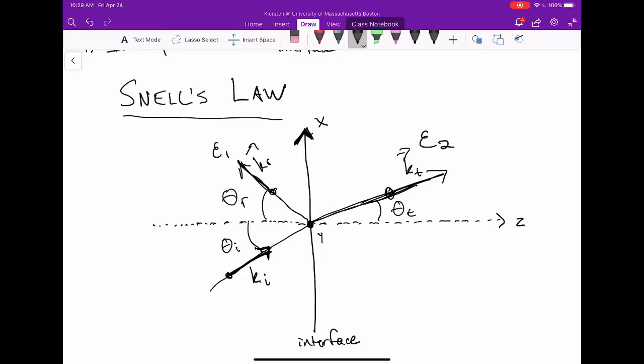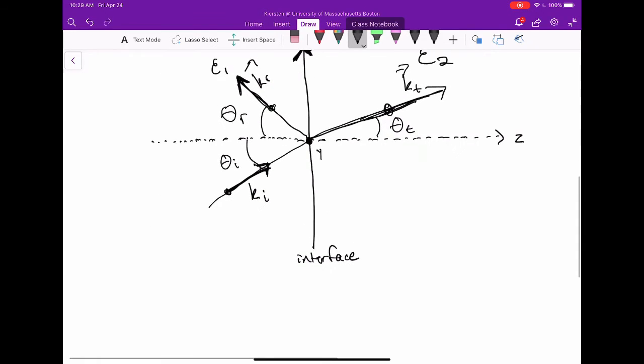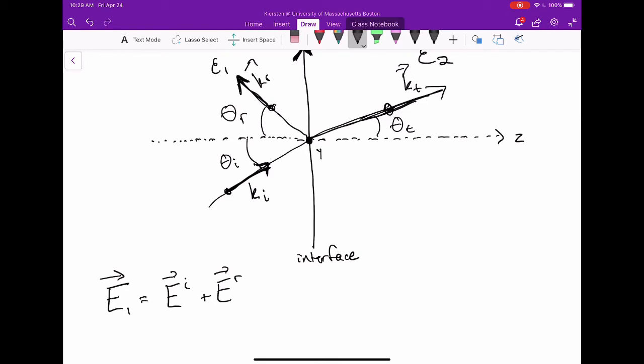Based on this, I can write expressions for the electric field for each of these waves. So I can say that in medium 1, the total electric field is equal to the incident electric field plus the reflected electric field. And although I don't know the vector directions of those electric fields, I do know their phase dependence because they're plane waves and I know their wave vectors.